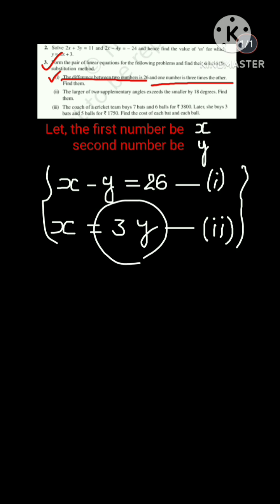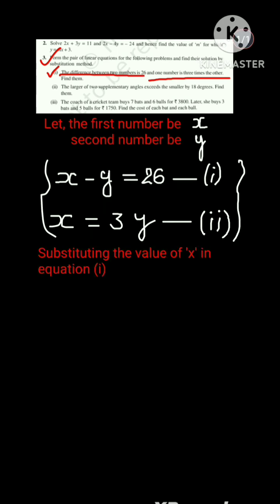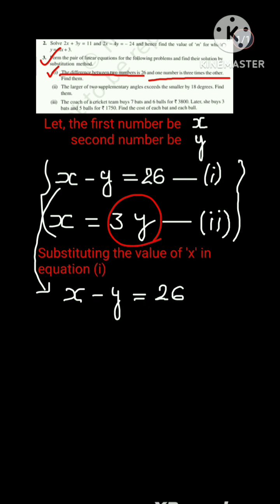So just put this value of x in equation 1, then we will be able to get the value of y, right? Okay, our first equation is x minus y equal to 26, and x equal to, we have obtained in equation 2, 3y.